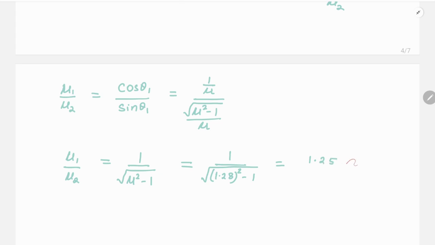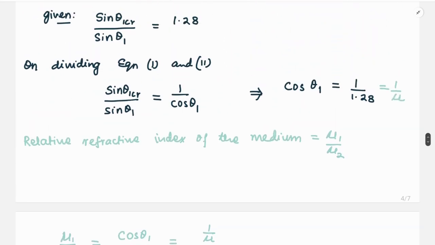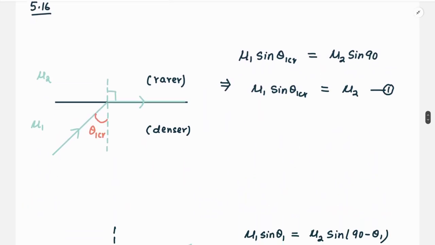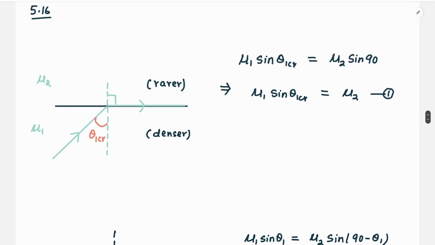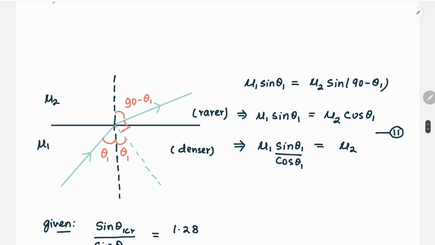So this is the answer for this problem. The relative refractive index mu1 by mu2 is equal to 1.25. What we have done is write Snell's law first for the critical angle, and second for the given condition when the reflected ray and the refracted ray are perpendicular to each other.